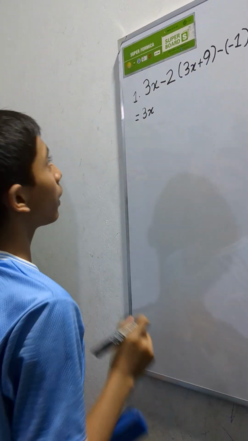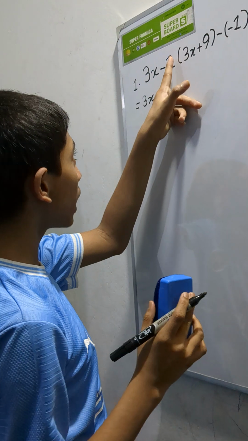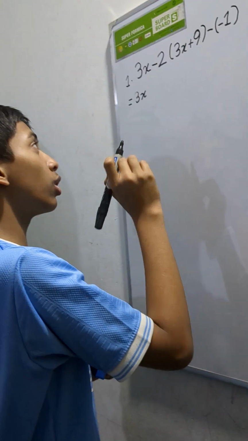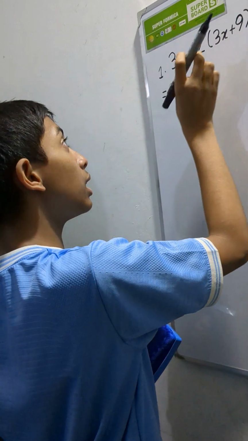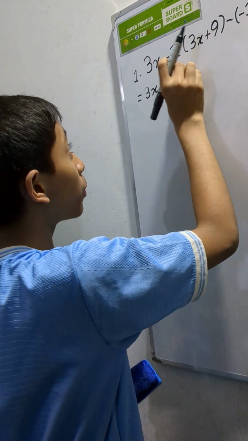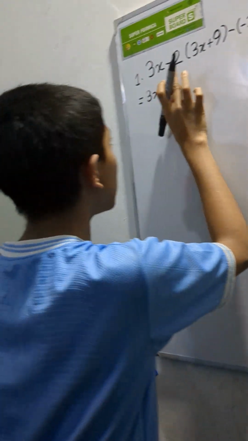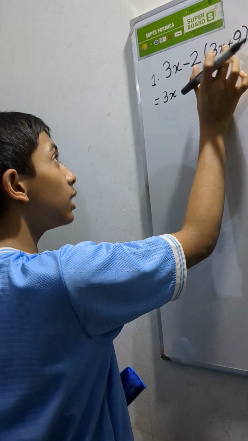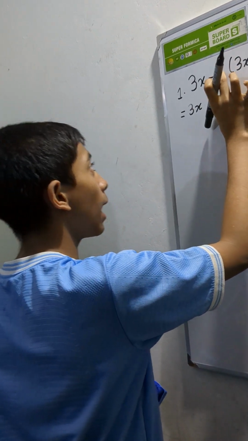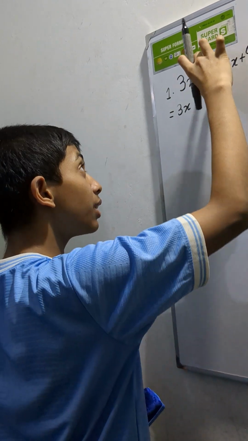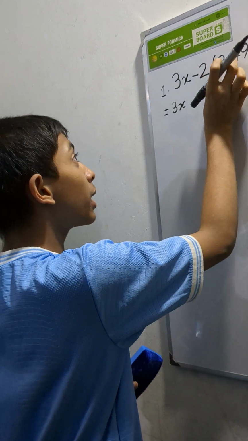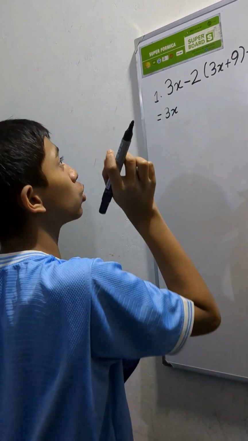So here, if there is no sign before the bracket, then we should multiply the number before the bracket. Here is 2. Here is no sign. We can see that before the bracket there is no sign. But here is minus 2. So we'll multiply each part with minus 2.